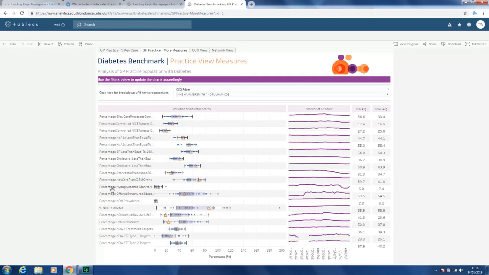Care planning, hypoglycemia monitoring, structured education referral, and then we've got the NDH metrics: NDH prevalence, NDH to diabetes ratio, annual review, NDPP referral, and then some national diabetes audit measurements. And then we'll go into the key care processes. We won't focus too much on these trend lines, we're looking to improve those in the coming months.